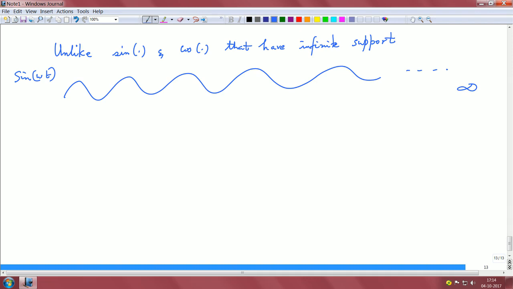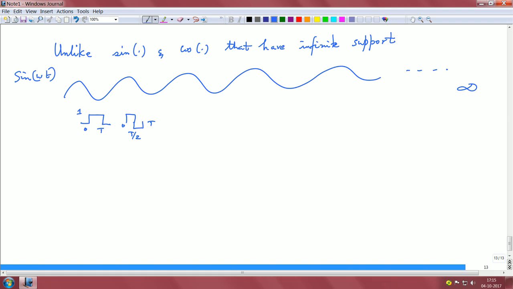I do not want infinite support. For example, if I were to use a basis perhaps like this, and we see that these are orthogonal signals. So, this is t upon 2, right.